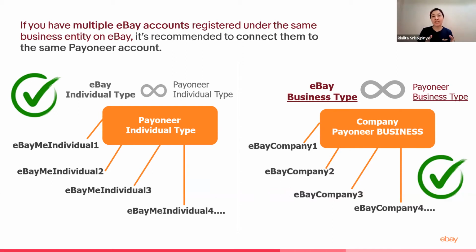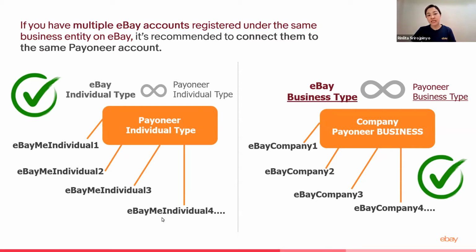I hope that this can explain the linkage a little more clearly. For example, on the left-hand side right here, we have eBay Me individual one. Basically, this means the eBay account is under my name and it is individual type, account number 1, and then account number 2, 3, 4, 5, 6, for example.